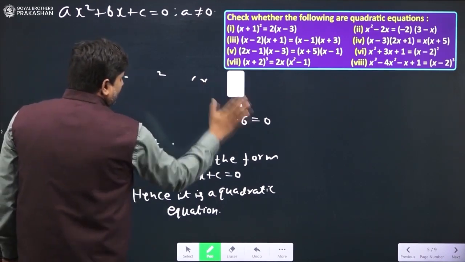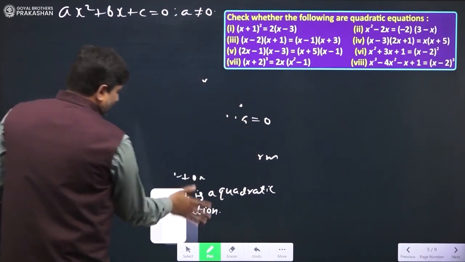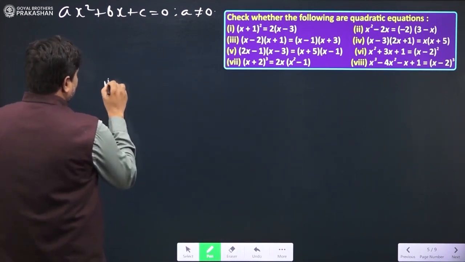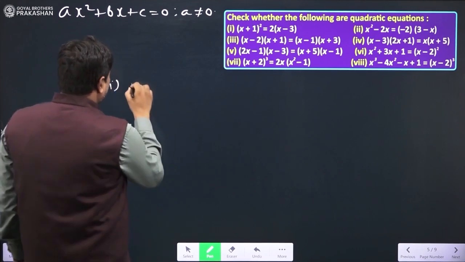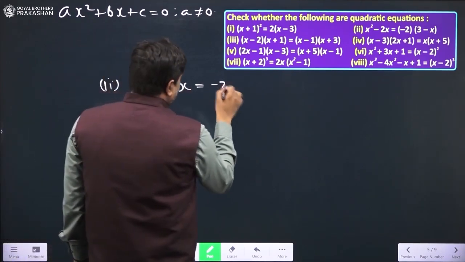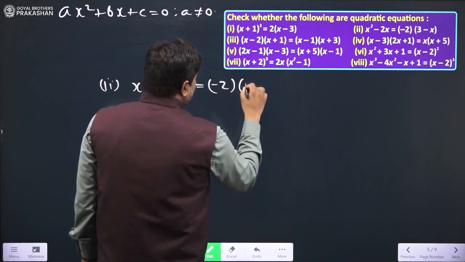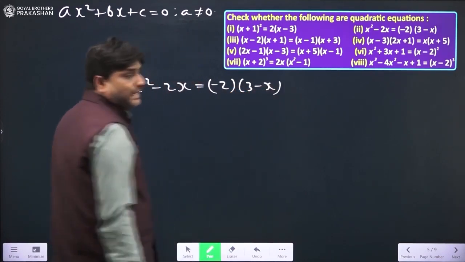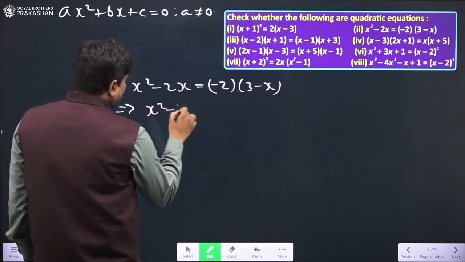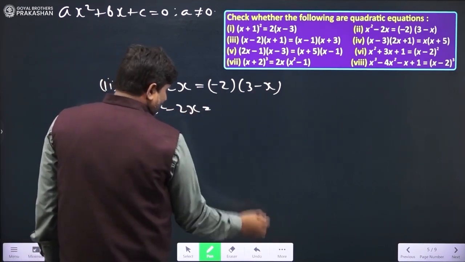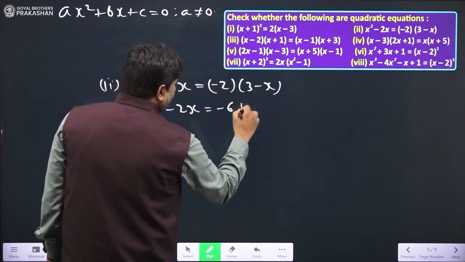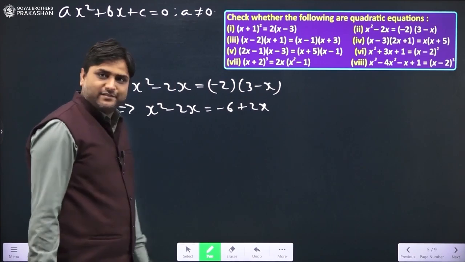Now moving to second part. Second part is x square minus 2x is equal to minus 2 times 3 minus x. So on simplification, it will be x square minus 2x minus 2 into minus 3 is minus 6, minus 2 into minus x is plus 2x.